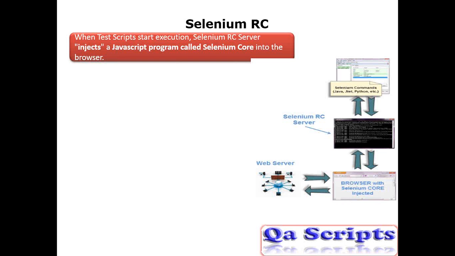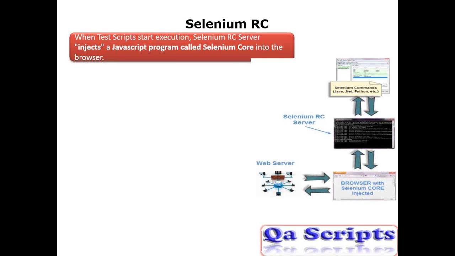Like that, here RC is going to inject a JavaScript program into the browser. That JavaScript program, which we call Selenium core, will have proper rapport or interaction with the JavaScript present in the browser.